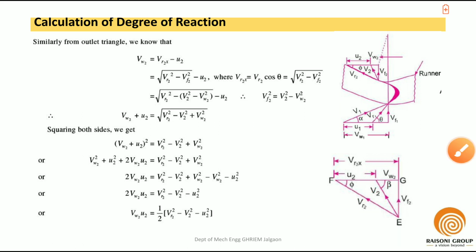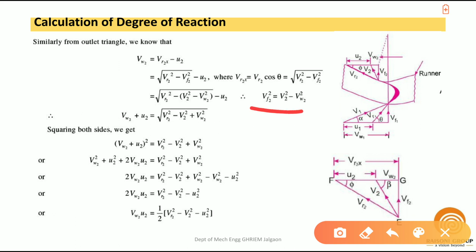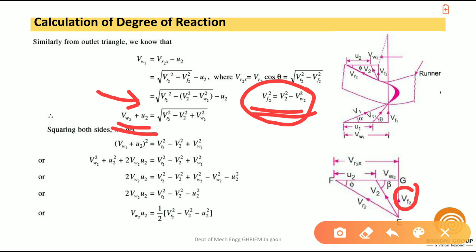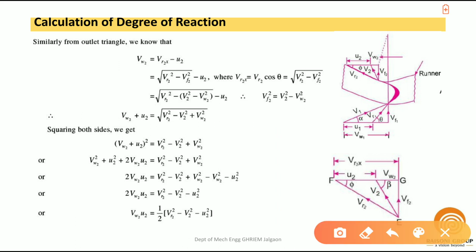So if we substitute these values here, instead of this Vf2 we will substitute this. After substituting, we will get the expression: Vw2 plus u2 is equal to under root of Vr2 square minus V2 square plus Vw2 square. Again squaring both sides, the under root will vanish.